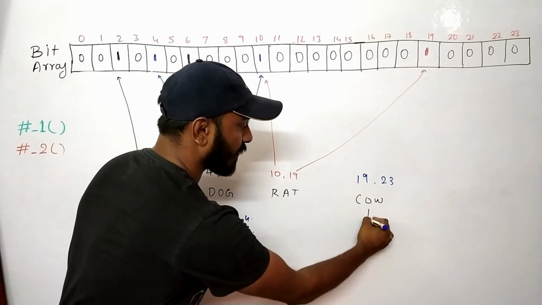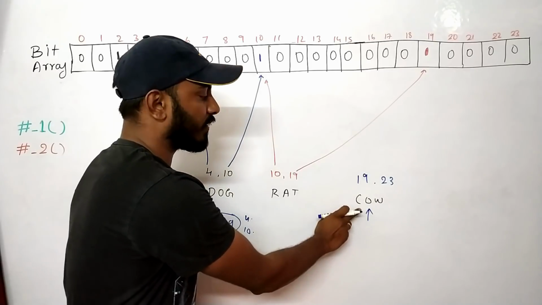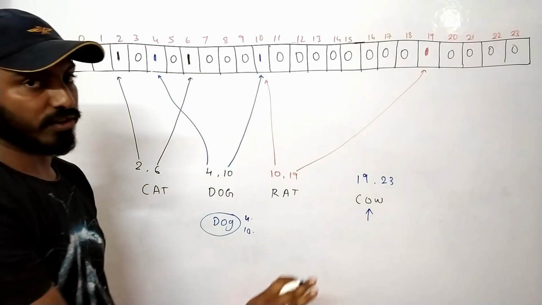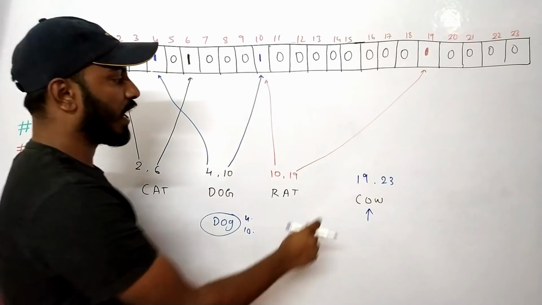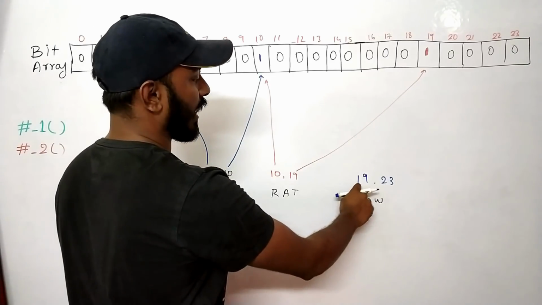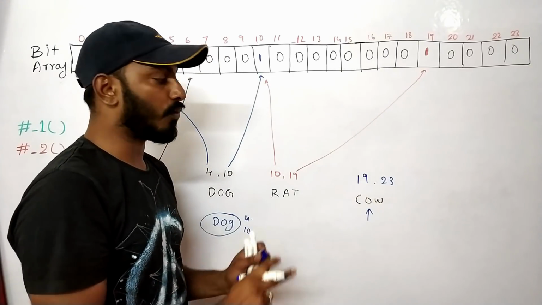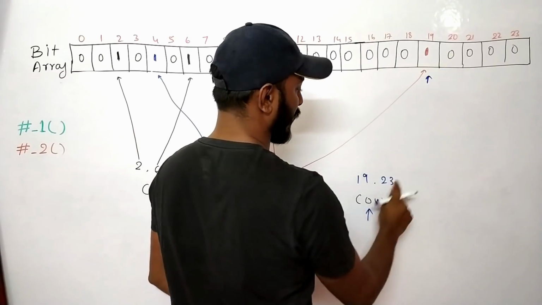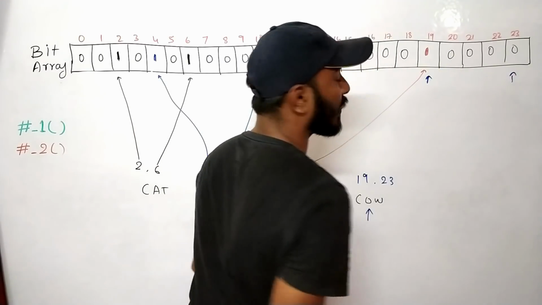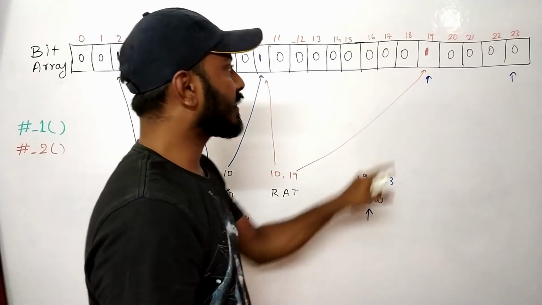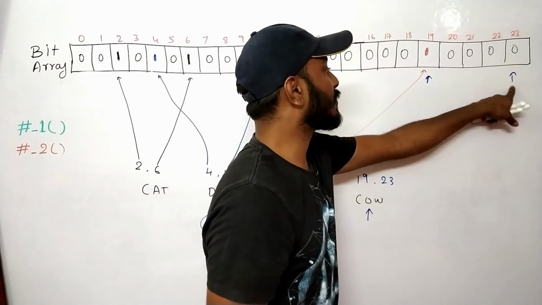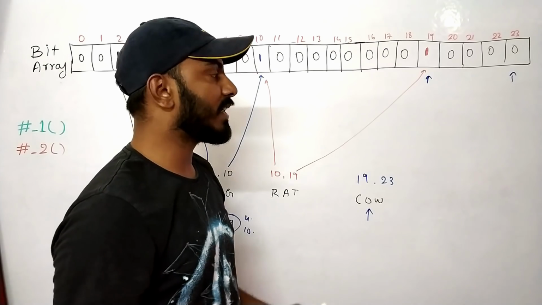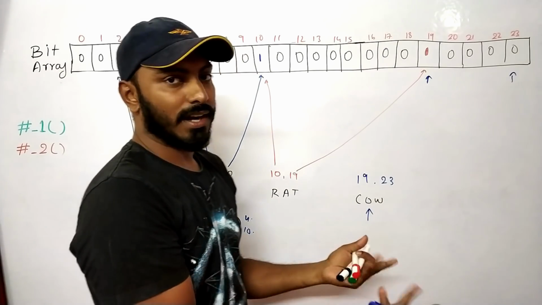Now we need to check whether this particular input is present in the Bloom filter or not. What do we need to do? Go to position 19 and 23 and see if both bits are set to 1 or not. Go to position 19 here and 23 here, and you can see that both positions are not set to 1.